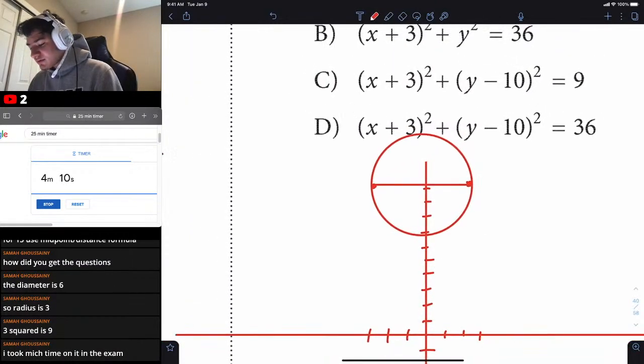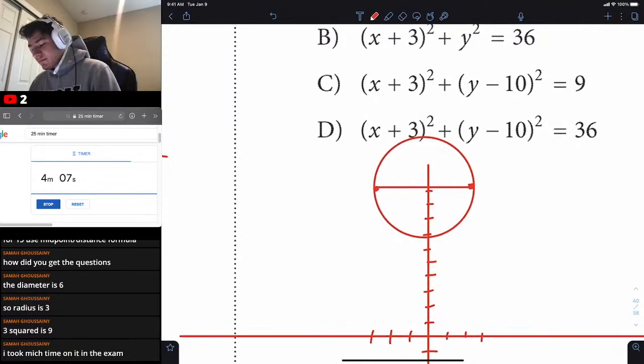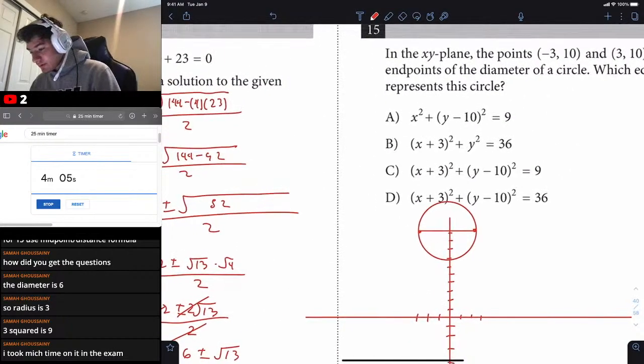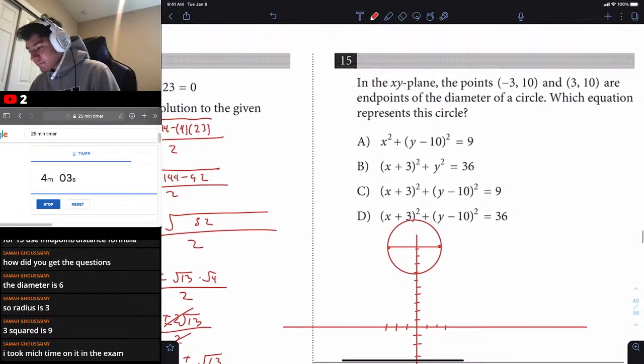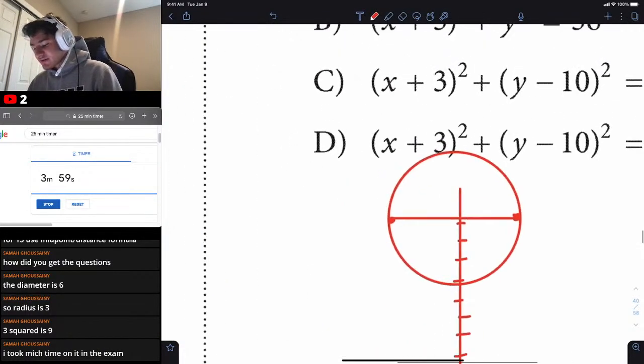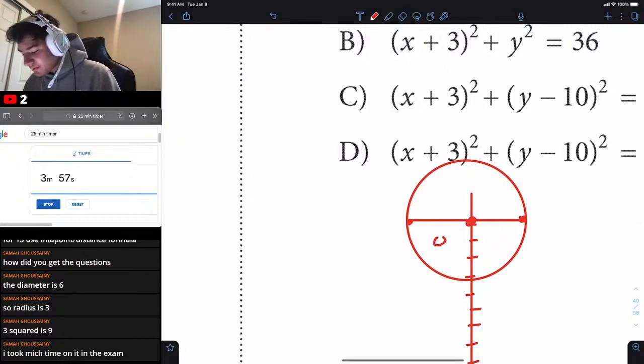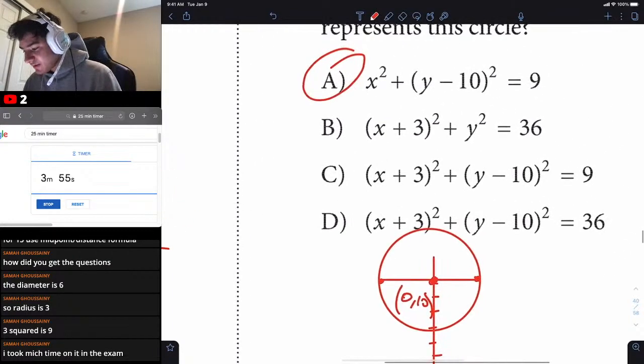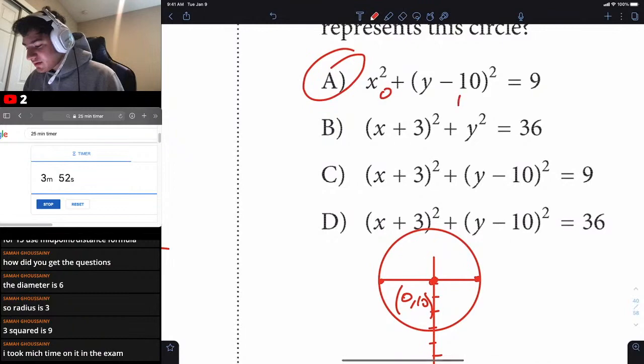Yeah, it's going to be A. That's what I thought all along. It makes sense, right? Because this center is about 0, 10, which matches up with our center here. And then the radius is obviously 3 because we have 3 this way and 3 this way. So it's A.